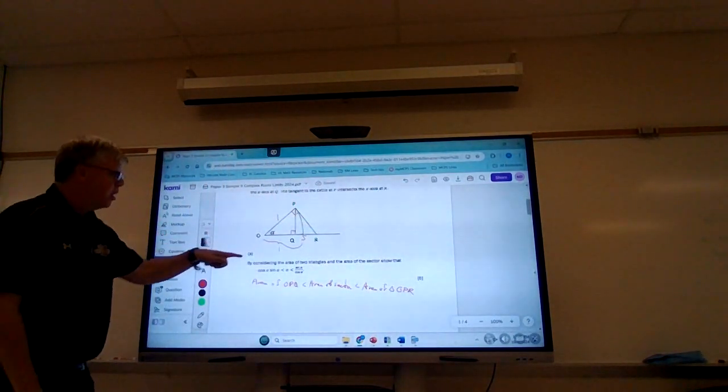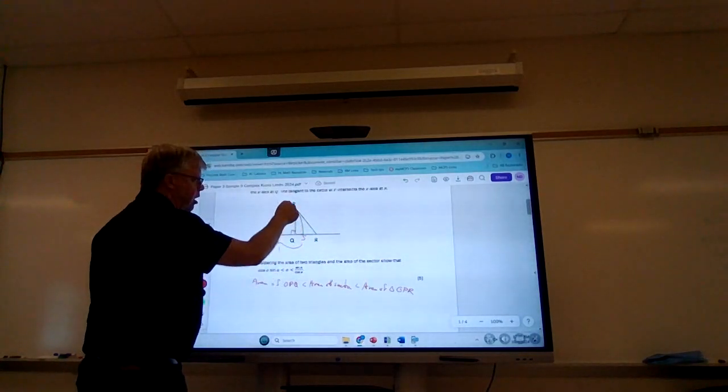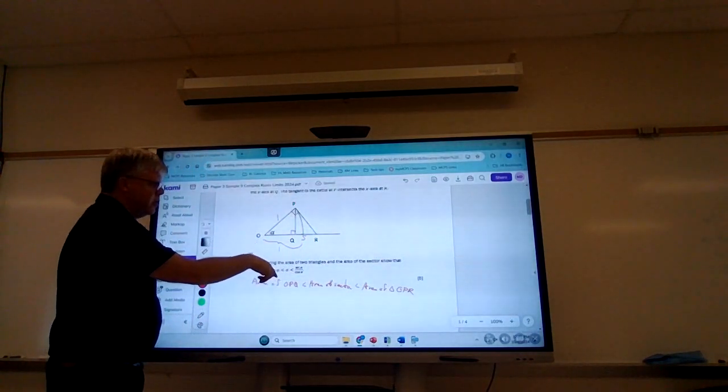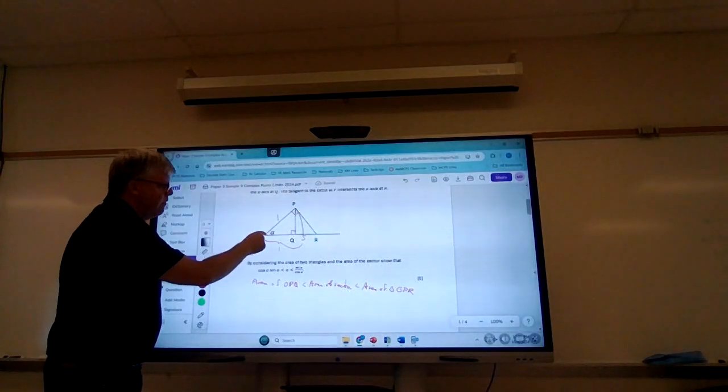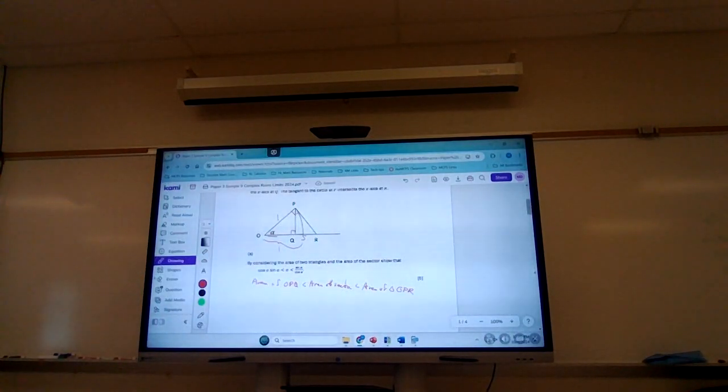So for the smaller triangle, to get that area, I would like to know how long OQ is and how long PQ is. We're going to have expressions in terms of alpha here. In terms of alpha, what's the length of OQ? Remember, the hypotenuse of that is 1, so what does the adjacent side have to be? Cosine alpha.